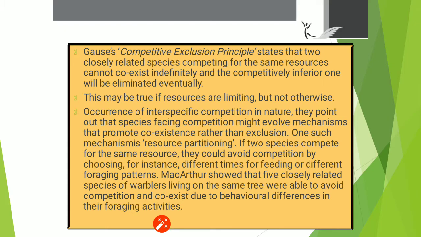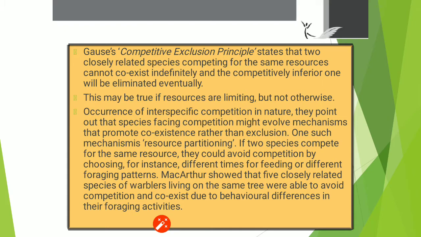Regarding the occurrence of interspecific competition in nature, they point out that species facing competition might evolve mechanisms that promote coexistence rather than exclusion. One such mechanism is resource partitioning.